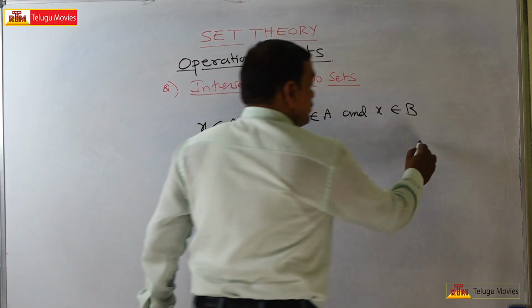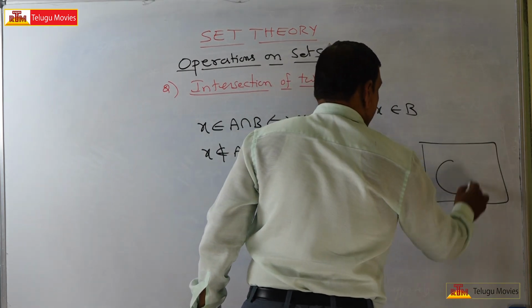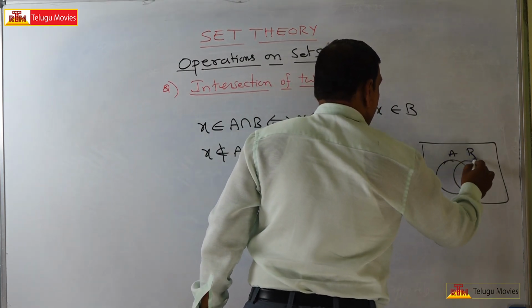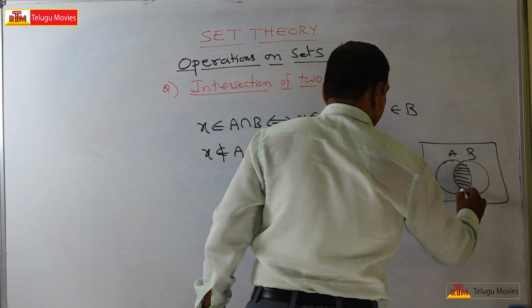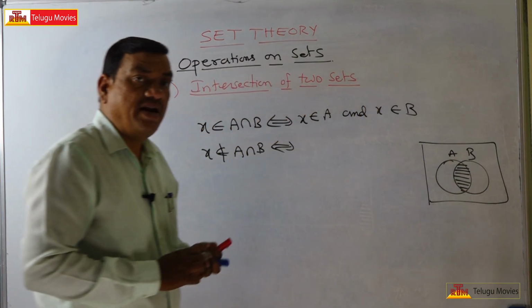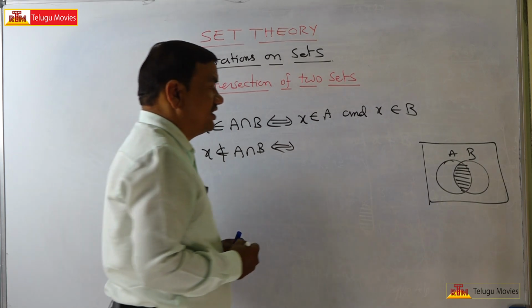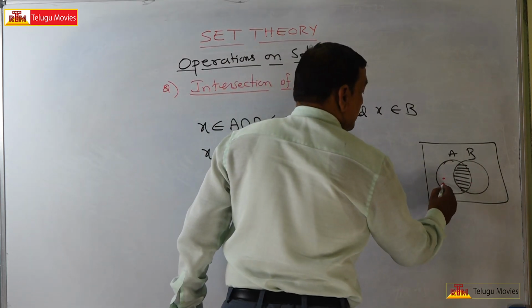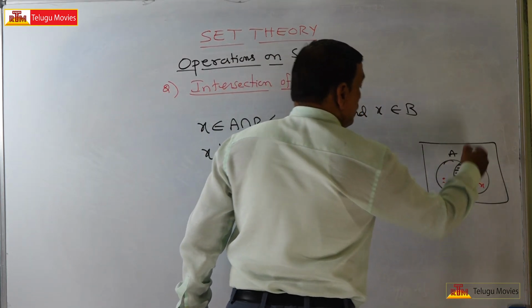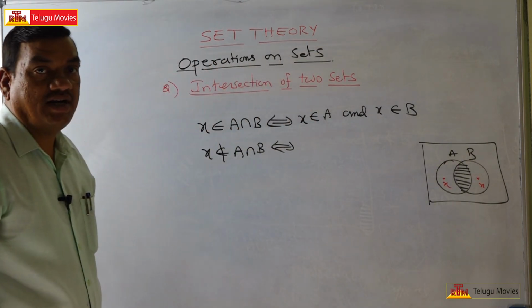You see here. See the Venn diagram, A, B. So this is A intersection B. When an element does not belong to A intersection B, it means either it should be only in A or it should be only in B. Understand?